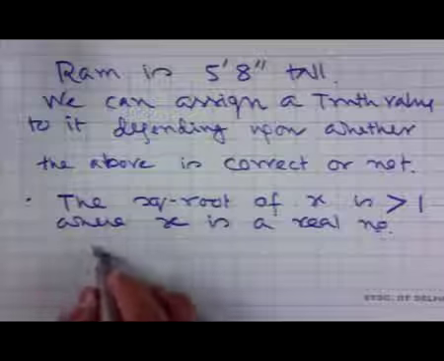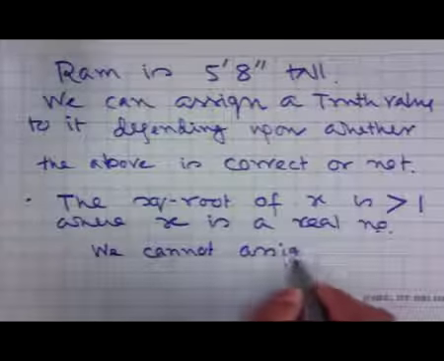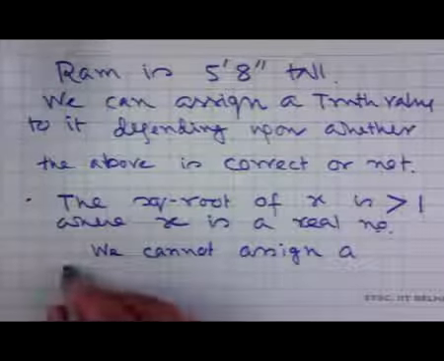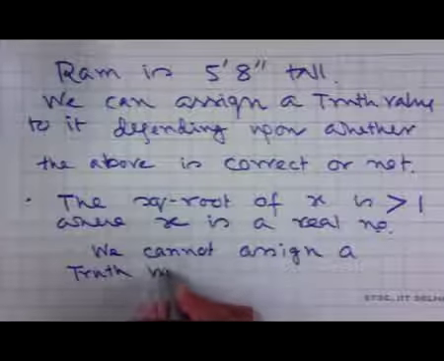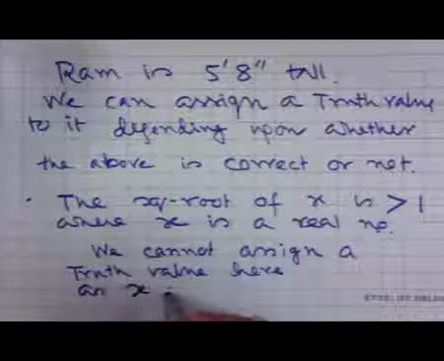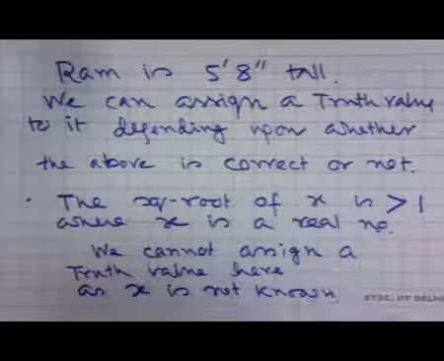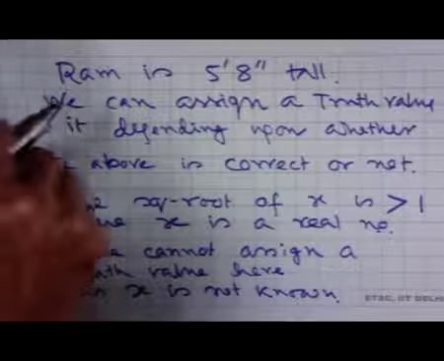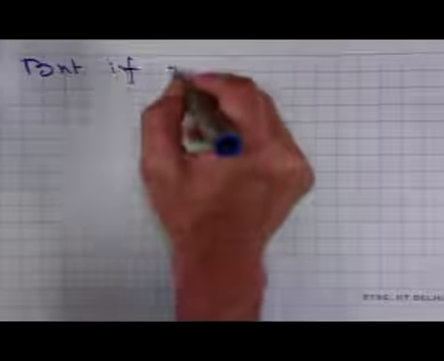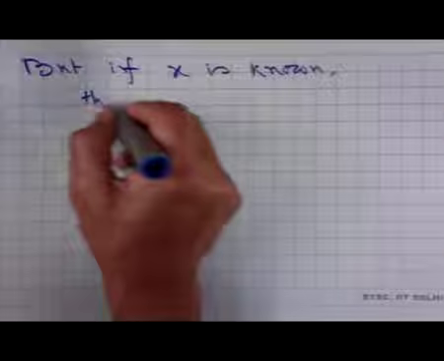We cannot assign a truth value here as x is not known. But if x is known, then we can.